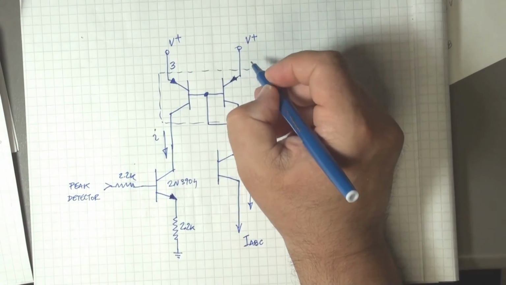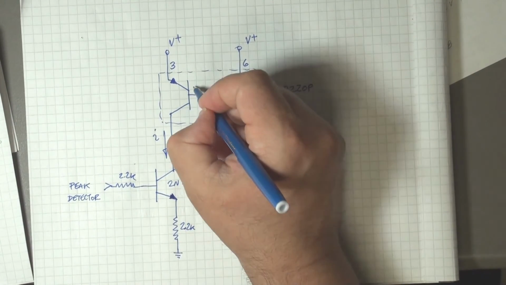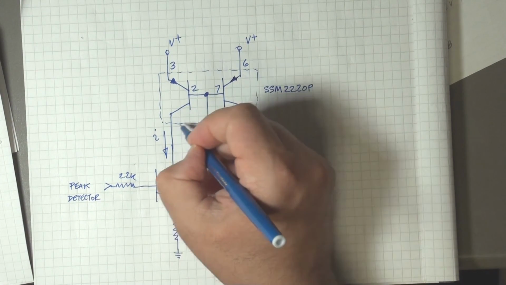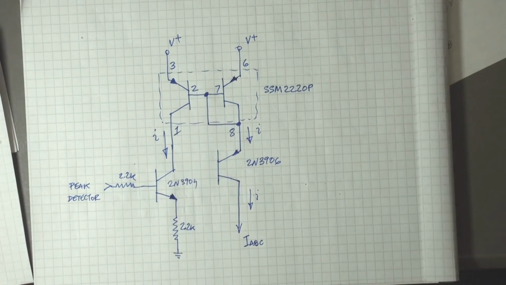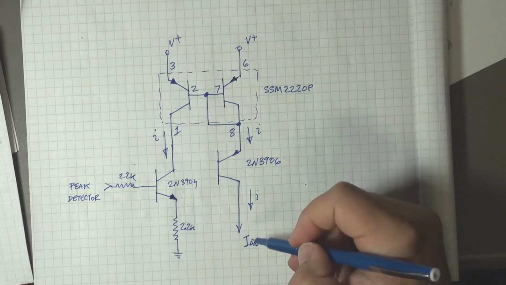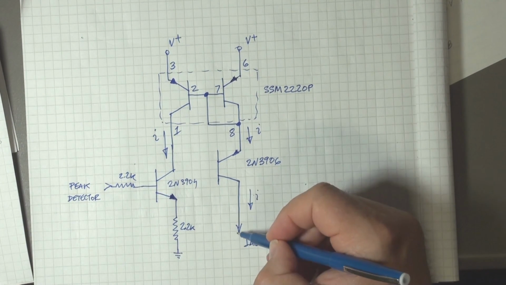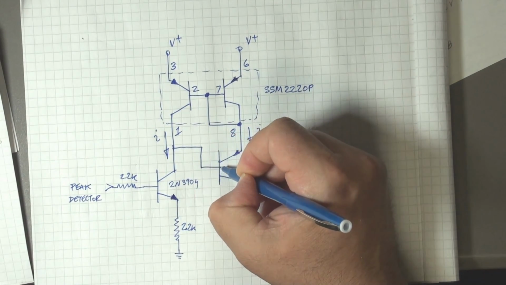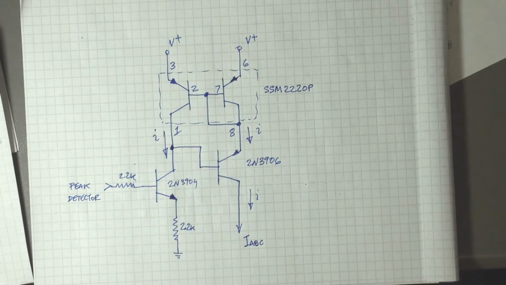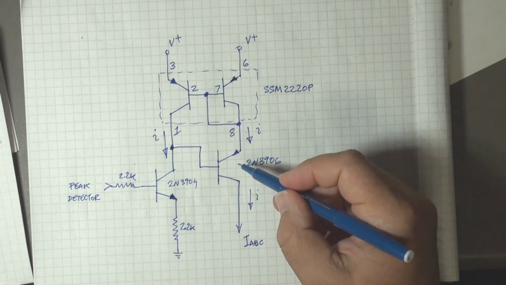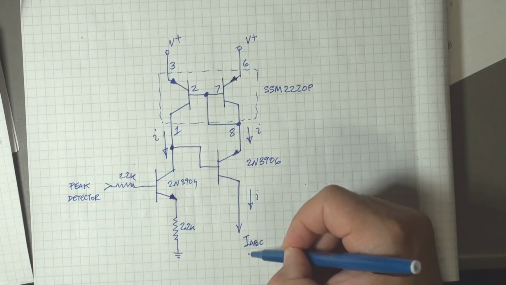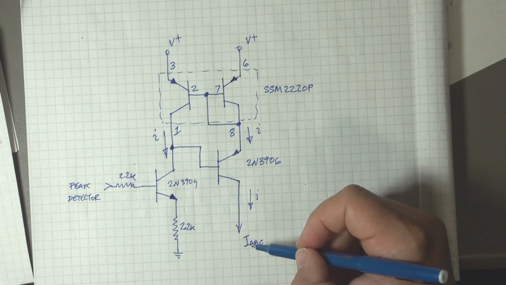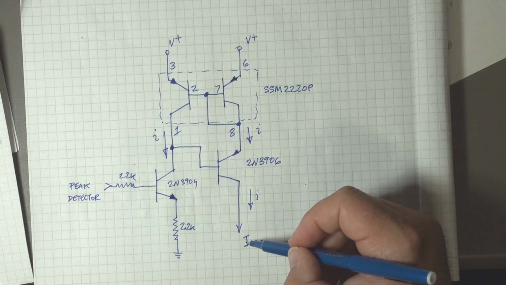So the pin numbers are 3, 6, 2, 7, 8, 1. There. And this is the connection of the 2N. Oh, forgot something. There. That completes it. The collector of the 2N3906 is taken as the current drive into pin 1 of the LM13700.